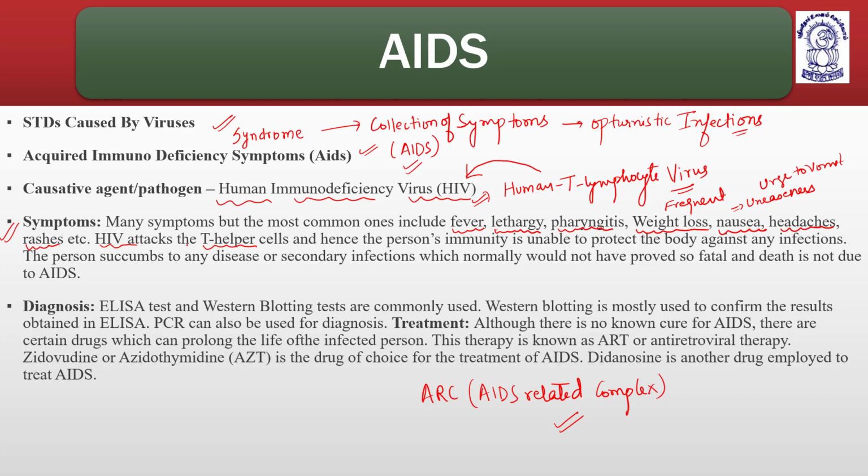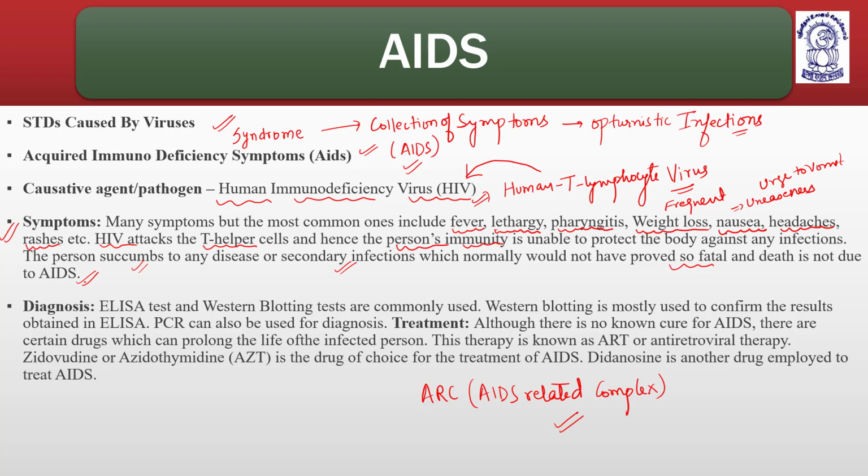So if the T helper cells are infected or not working, the person's immunity will be degraded very much and is unable to protect the body against any infections. The person comes down with secondary infections, that is, opportunistic infections, which normally would not have proved so fatal. Death is not due to AIDS itself.